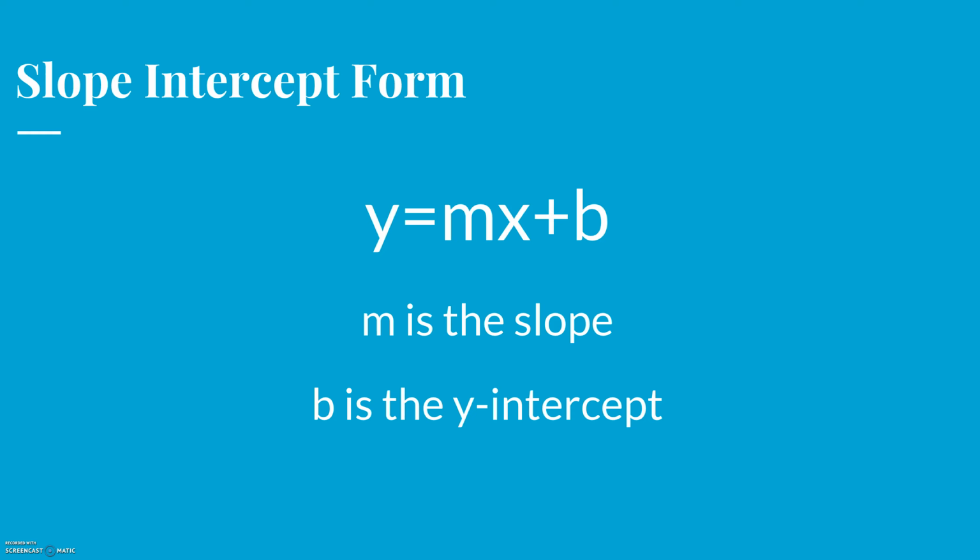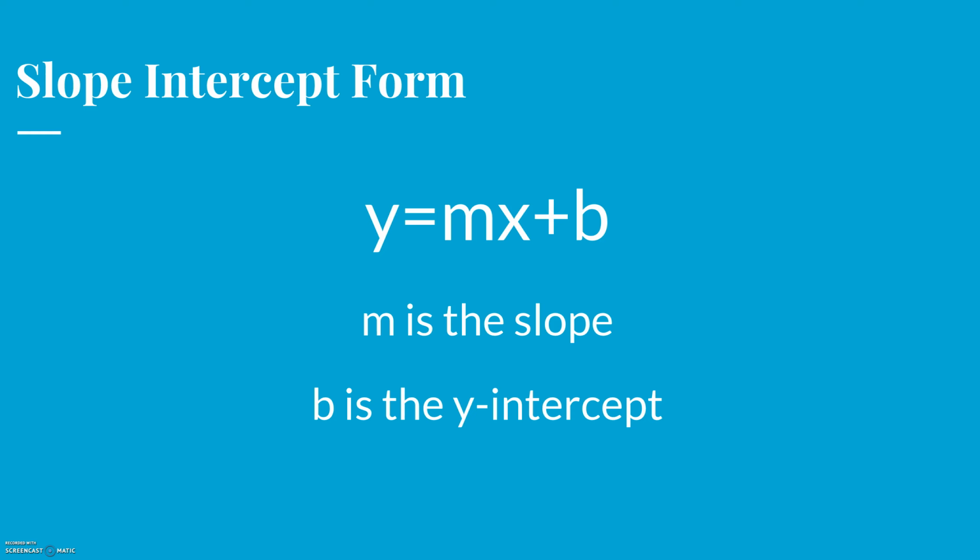So slope-intercept form, like I said, looks like y equals mx plus b. The parameters in this are your m value being your slope, and your b represents your y-intercept. Now, the slope is rate of change, rise over run, also known as your change in y over your change in x.